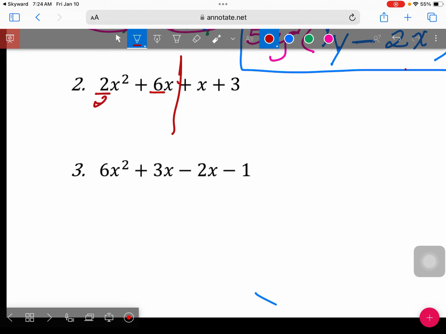2. Thank you. Okay, because 2 is a factor of 2, 2 is a factor of 6. I have x squared and x. What's the largest number of x's that I can take from both? Tristan?